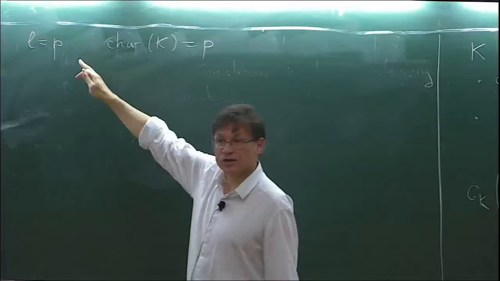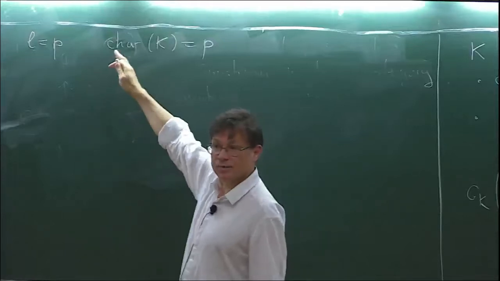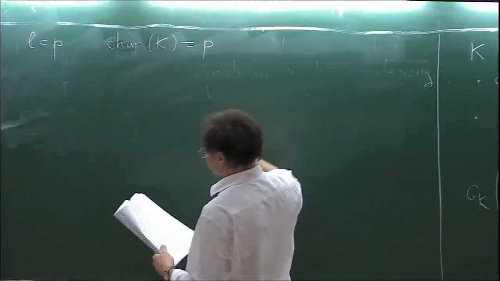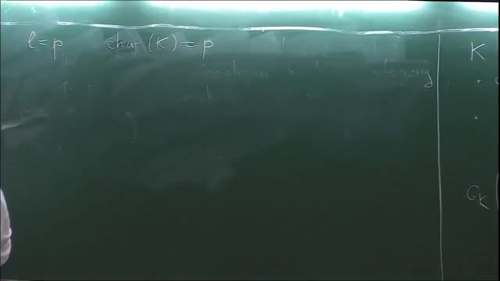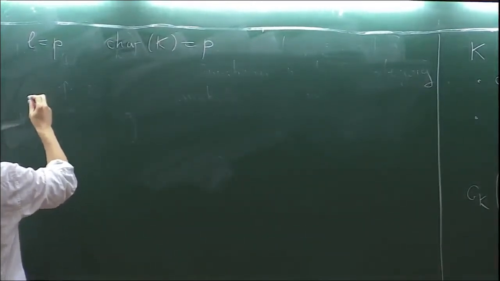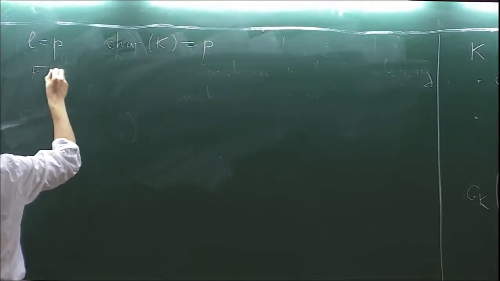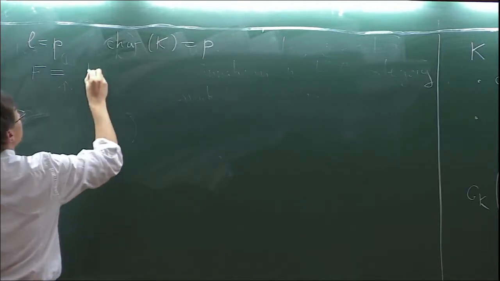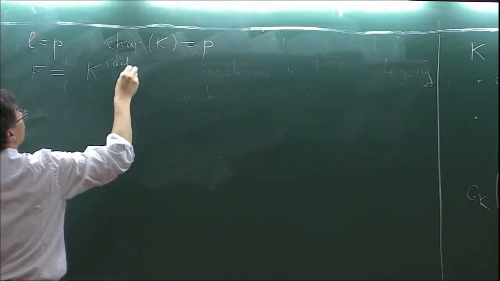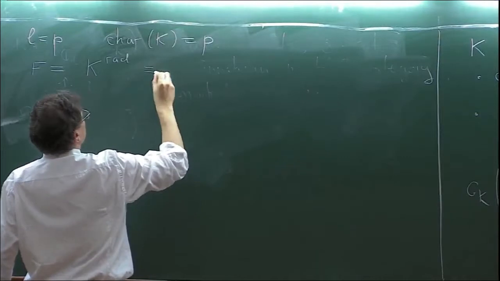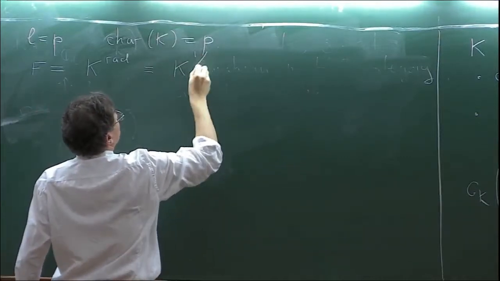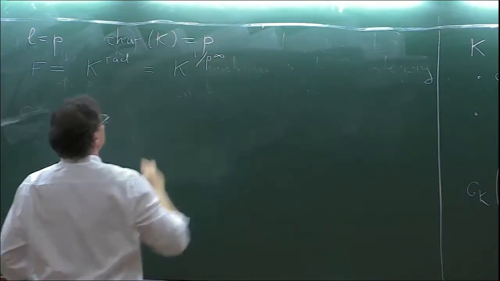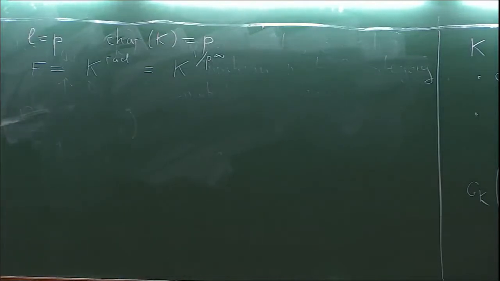So the same theory will work for all fields of characteristic P. So let's first pass to the radical closure of K in order to get a perfect field.